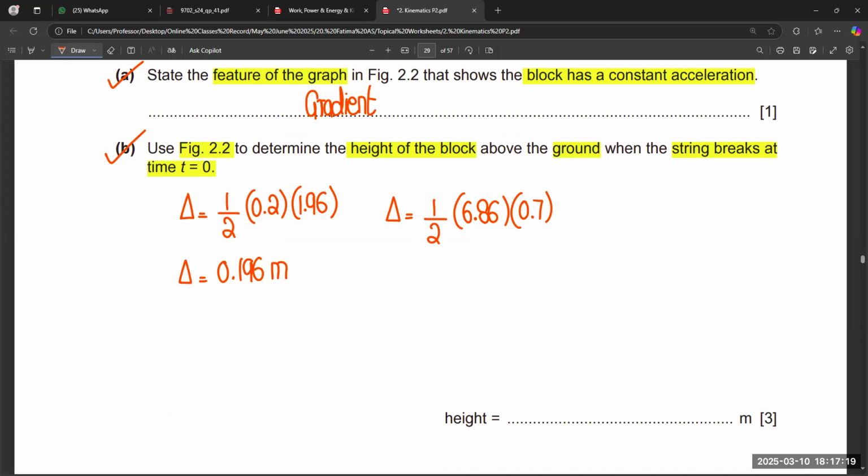Right now we are talking about distance, so we will consider that negative sign also after calculating this value. So multiply 6.86 by 0.7 divided by 2. So it is equal to 2.40.